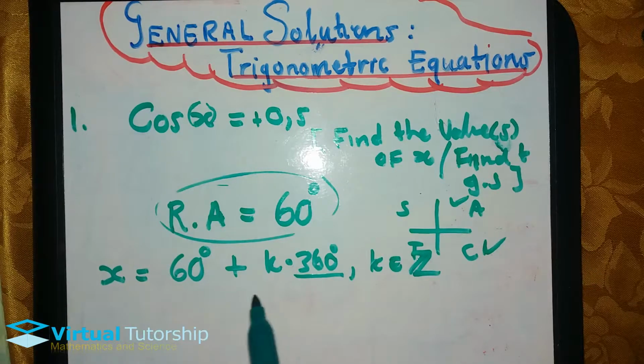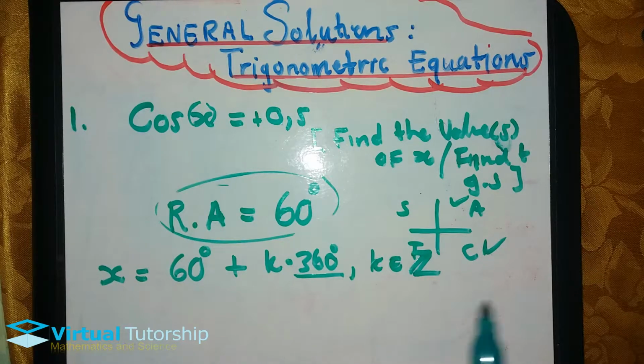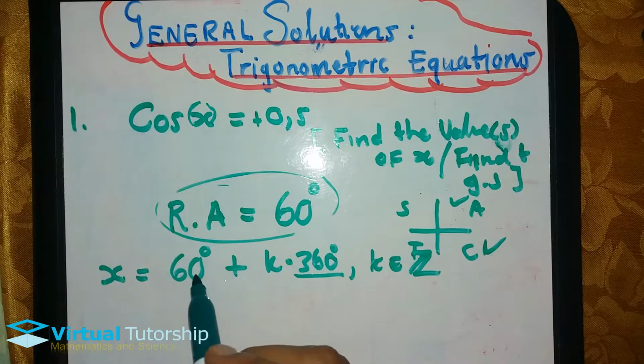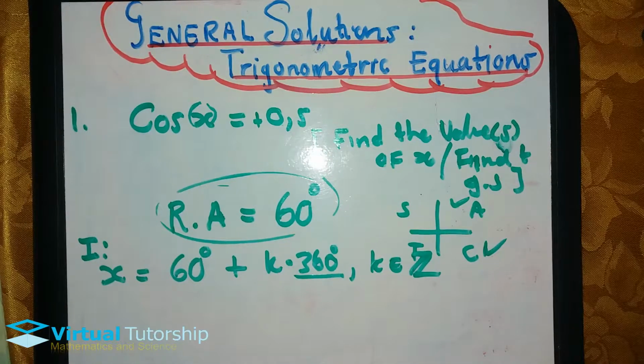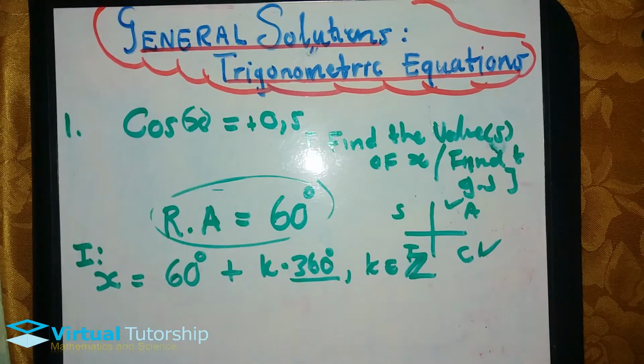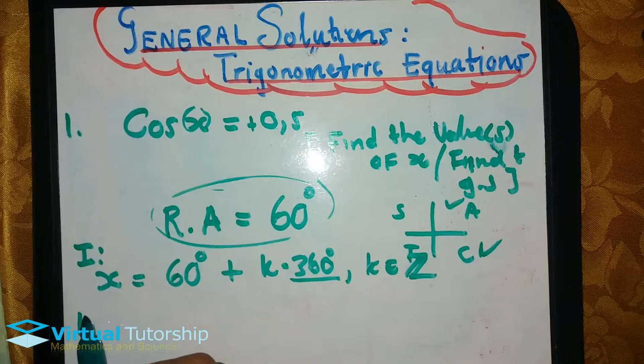So nala siyayisebenzisa kuma-trigonometric equations. So it's 60 degrees for the first quadrant. Le kuzoba isolution yethu for the first quadrant, ne? So it's just the reference angle plus k times 360 degrees, the period, where k is an element of integers, ne?